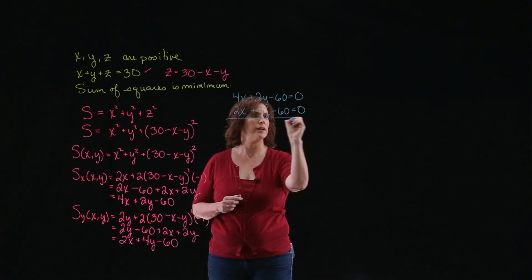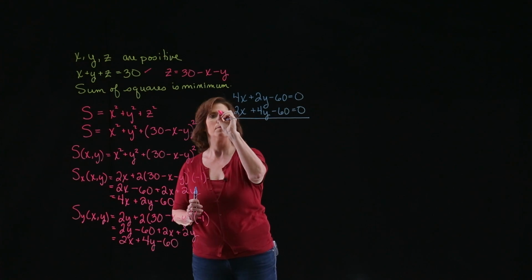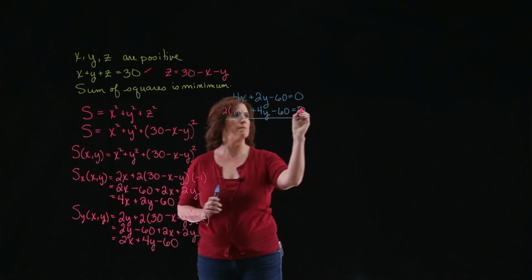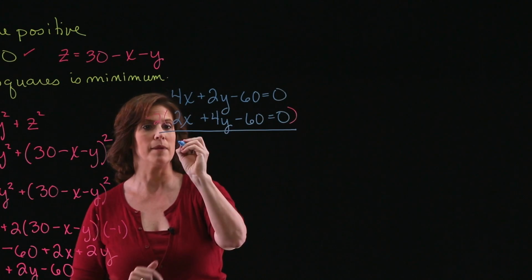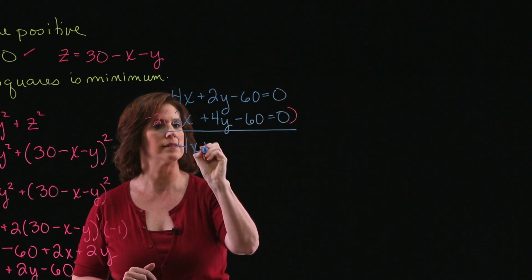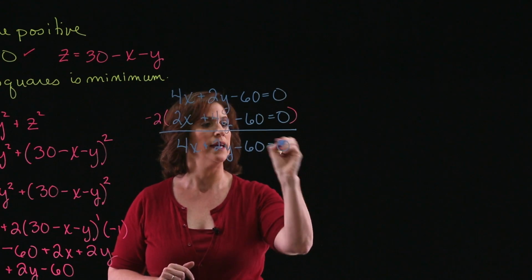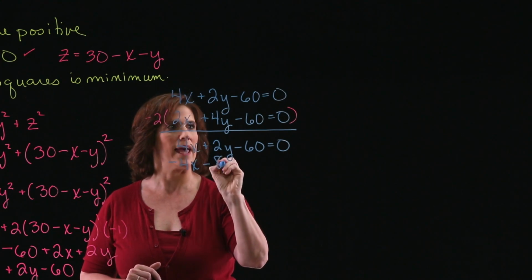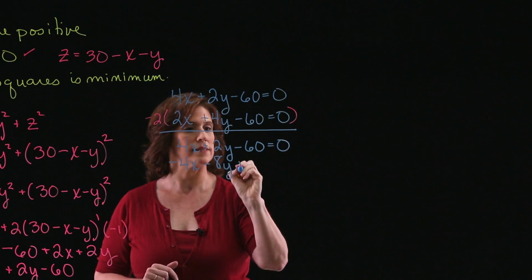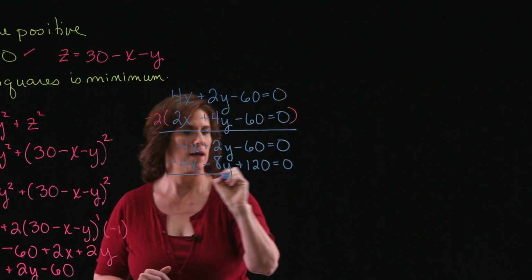So what I'll do is I will take that bottom equation and multiply both sides by a minus 2. So that turns my system into the system 4x plus 2y minus 60 equals 0, and a minus 4x minus 8y plus 120 equals 0.